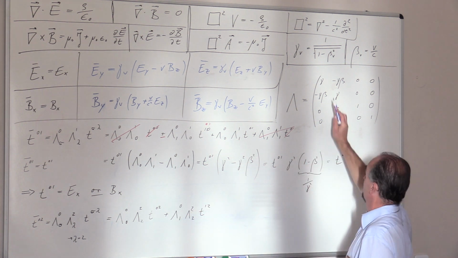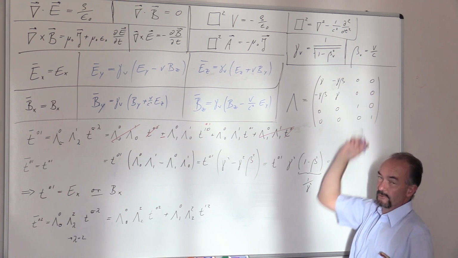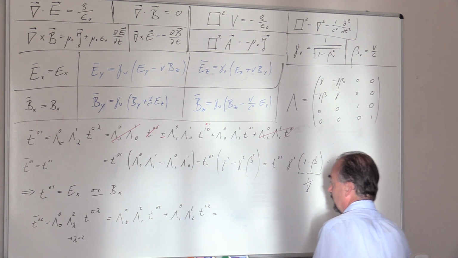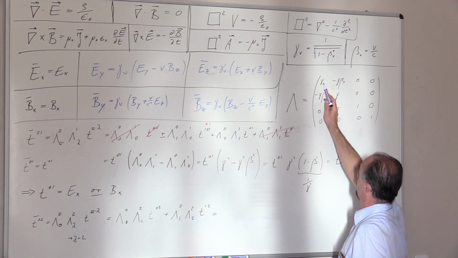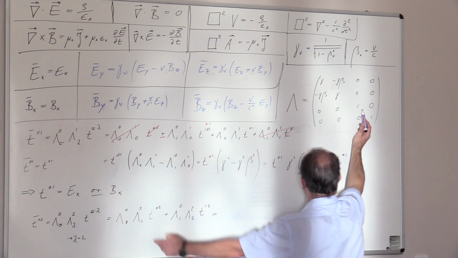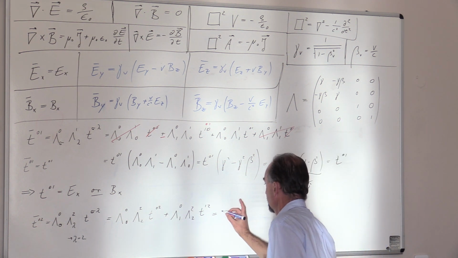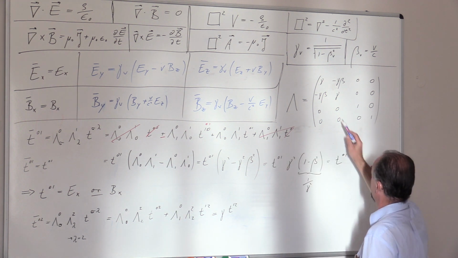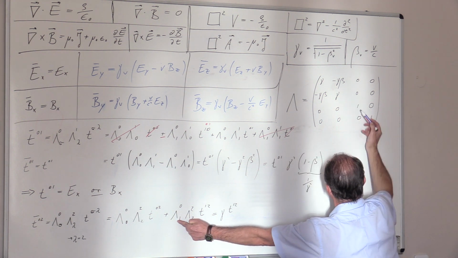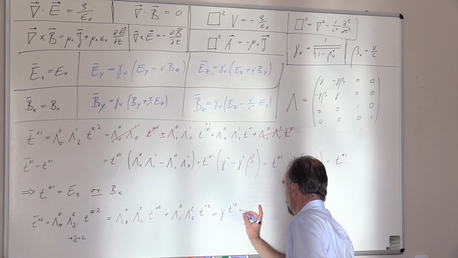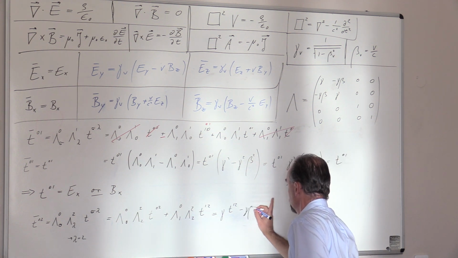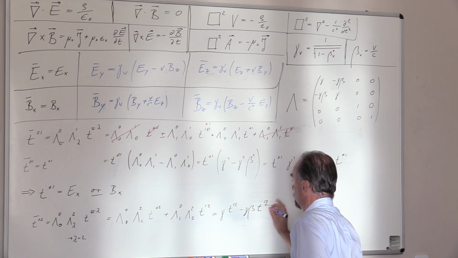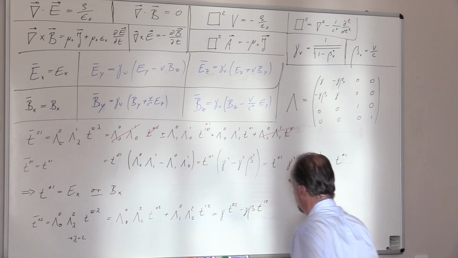Plus lambda 0 is only 0 and 1, 2, 3 and 0. So this is lambda 0, 0 is gamma, lambda 2, 2 is 1, so this is gamma T1, 2. Lambda 0, 1 is minus gamma beta, lambda 2, 2 is 1, so minus gamma beta T0, 2.